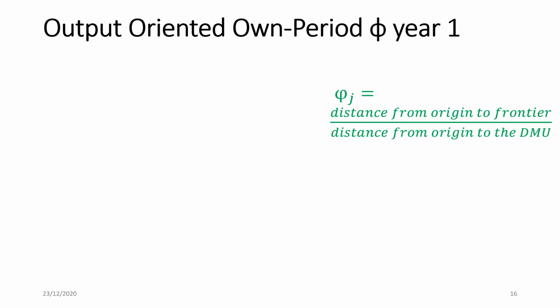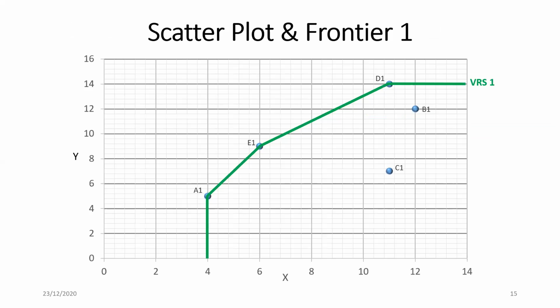And then this is divided by the distance from the origin to the firm. Okay, so how do you calculate that for DMU A1? Who can guess? Something over something. Who can tell me? You can guess and tell me.